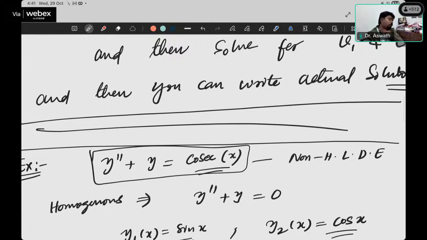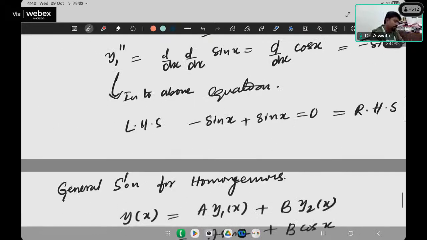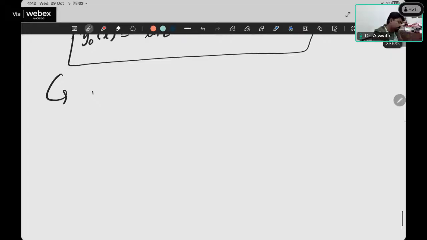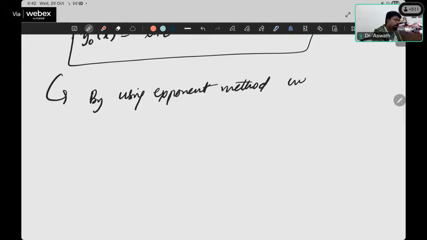So by knowing one solution, getting further solutions is also very easy. There is something called the exponent method. It is there in the notes, you can just check. By using the exponent method, we can find other solutions if you want more solutions.